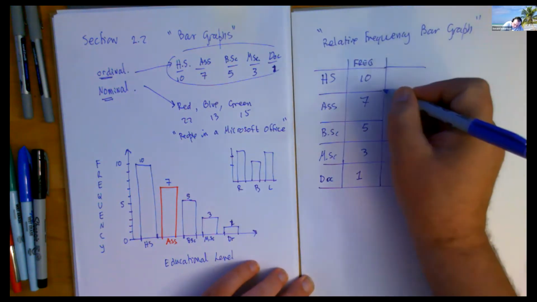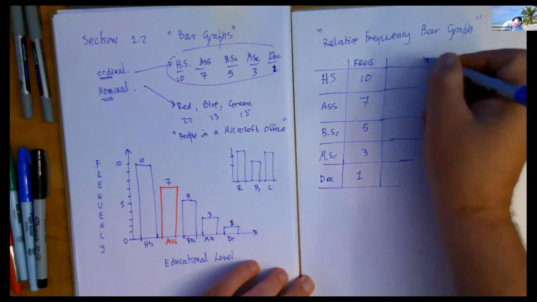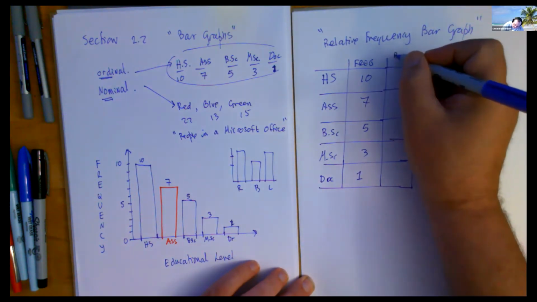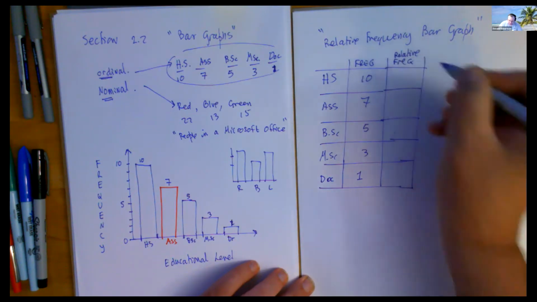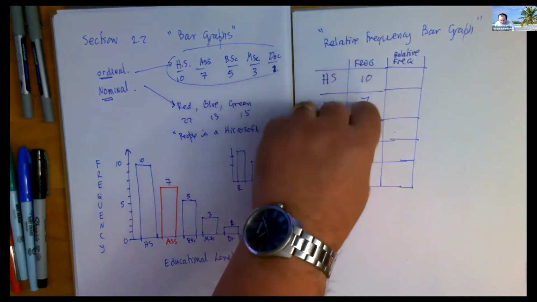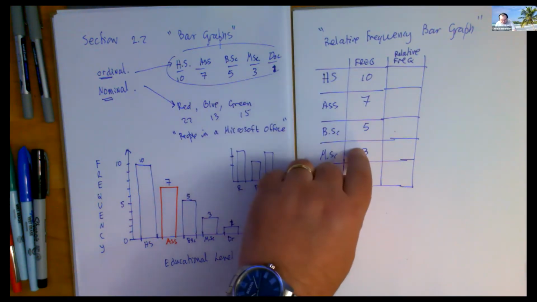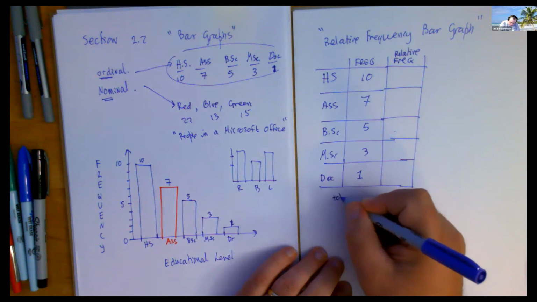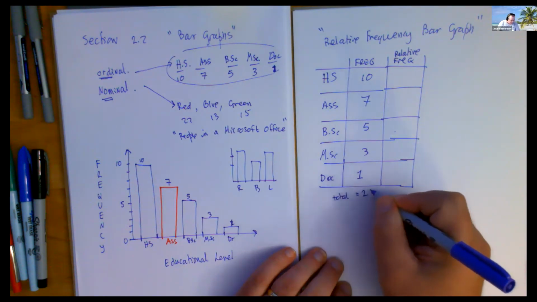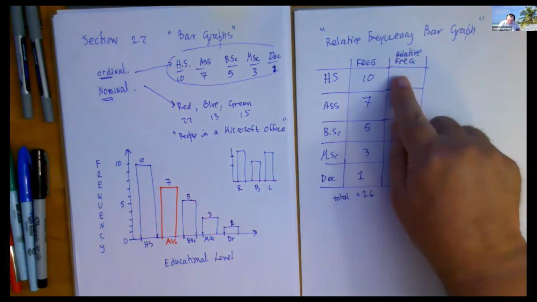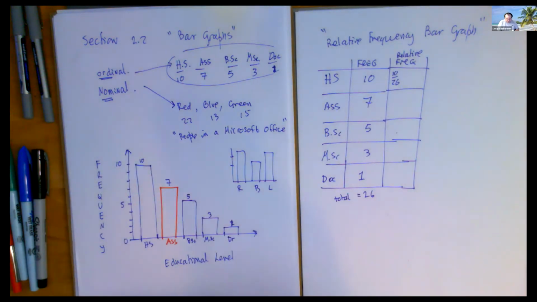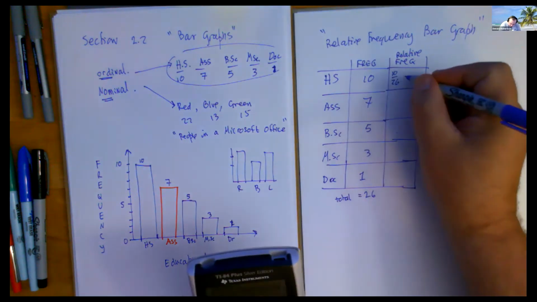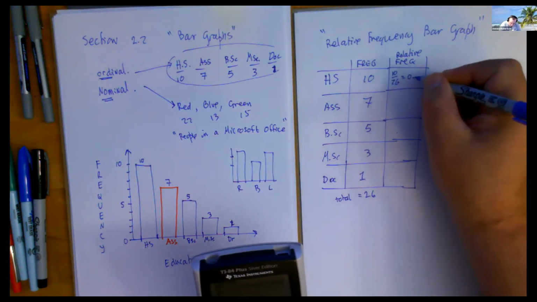We need one more column, and that's going to be the relative frequency. I'll have to add these up: 17, 20, 2, 3, 4, 5, 26. So this fella here, 10 out of 26, and I'm going to divide 10 by 26, and the answer I get is 0.38.